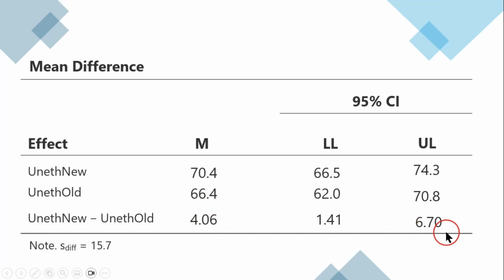And then there's the confidence interval over here on the right for that difference. So we have it ranging somewhere between 1.41 for the difference in the population up to about 6.7.